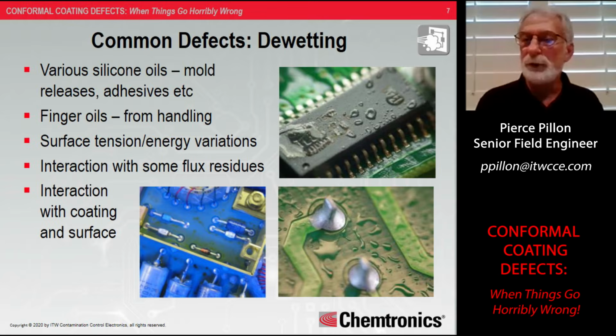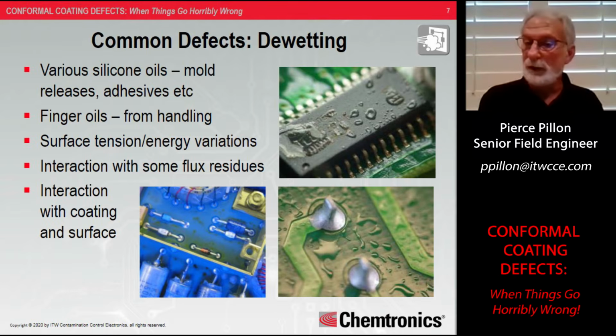You can have some interaction with flux residues because of the binders, the rheology modifiers, the ingredients, let's say, that's left over after the soldering process. These residues sometimes do not allow proper wetting of the coating. And again, interaction with the coating and the surface.